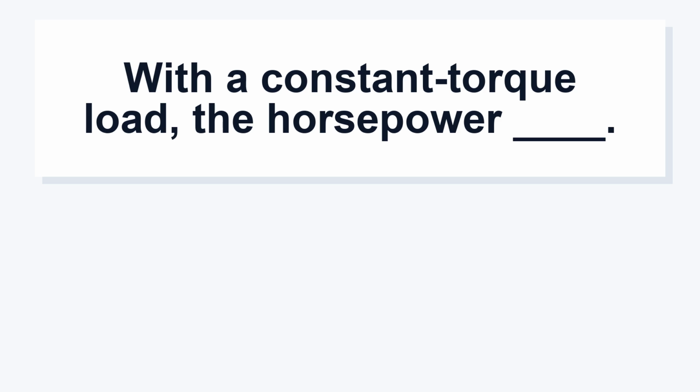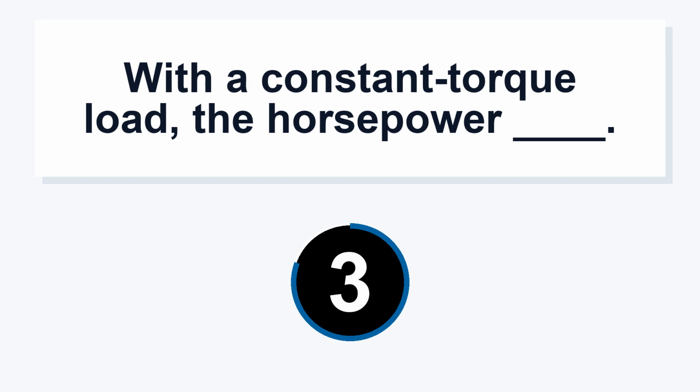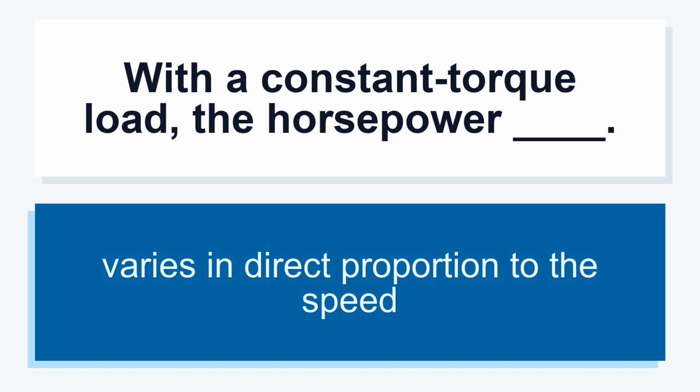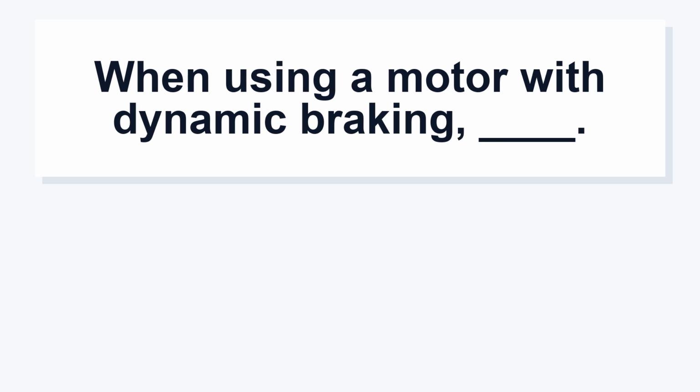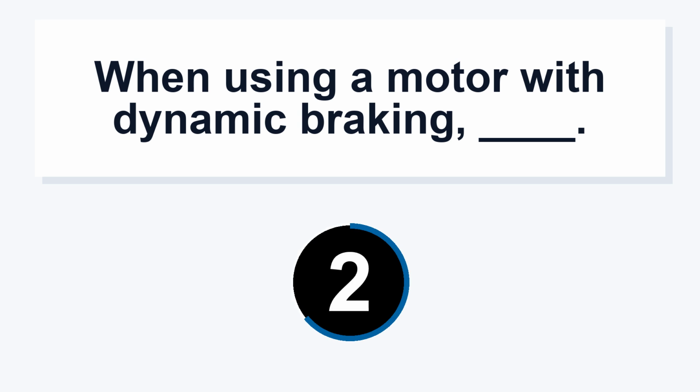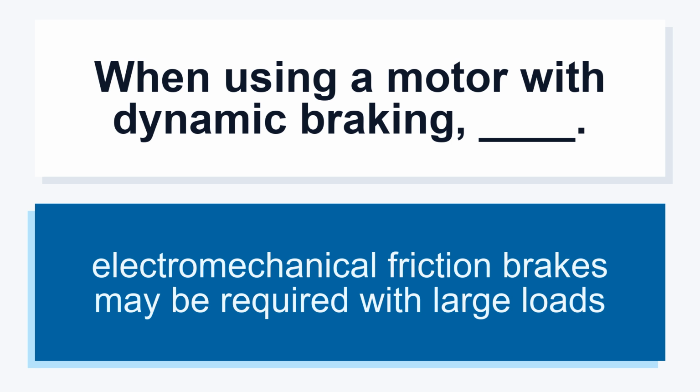With a constant torque load, the horsepower ________ varies in direct proportion to the speed. When using a motor with dynamic braking, electromechanical friction brakes may be required with large loads.